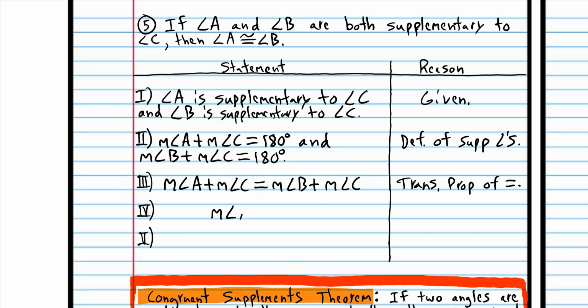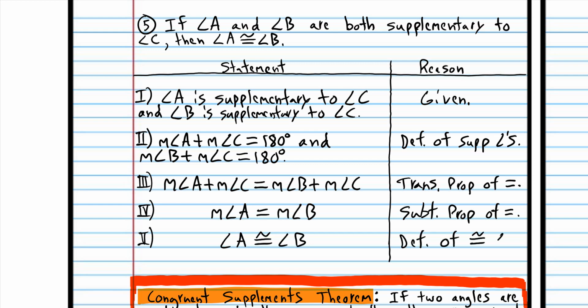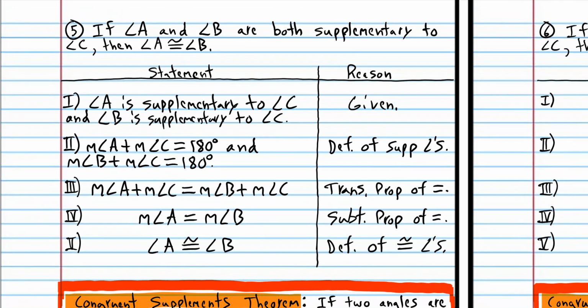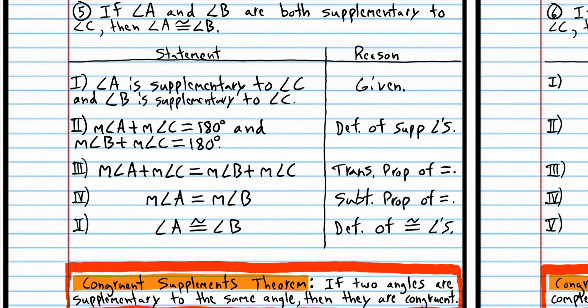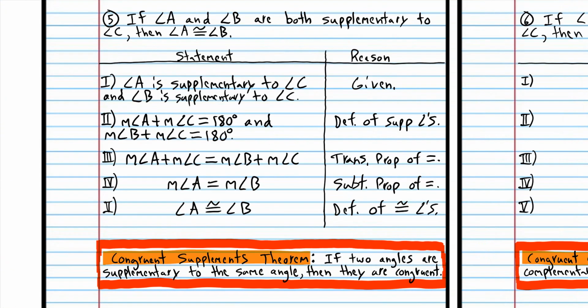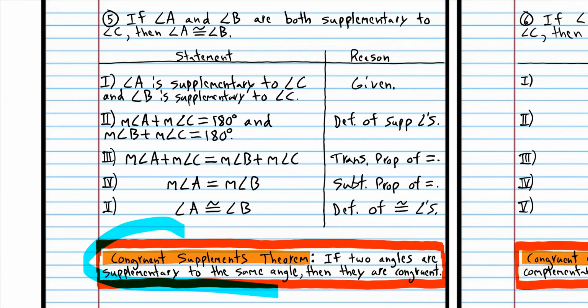So measure of angle A is equal to measure of angle B by the subtraction property of equality. So we just subtracted measure of angle C from both sides. And of course, by definition, angle A is congruent to angle B. Definition of congruent angles. So we proved the Congruent Supplements Theorem. So that's this theorem down here.